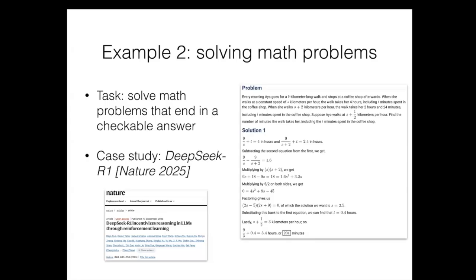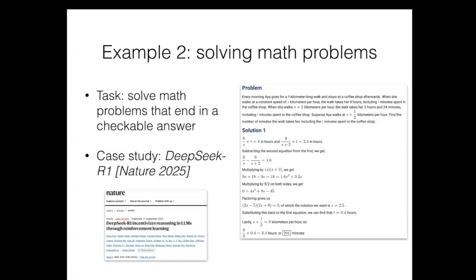So this is a paper called DeepSeek R1, and the main thing it got famous for was solving these math problems, that was the problem setting. And the difference here is that now they were having the model not just output solutions, but output some chain of thought prior to writing a solution.